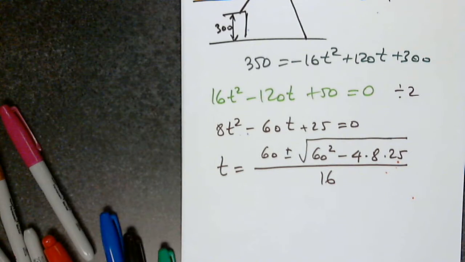Okay, so don't forget about parentheses around the top. Parentheses, 60 plus the square root. In parentheses inside, I have to put them, maybe not, but I'm old-fashioned. So minus 4 times 32 times 25.